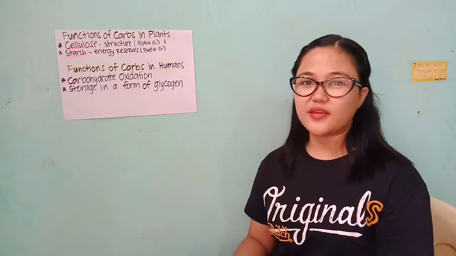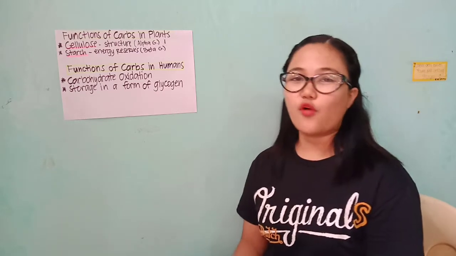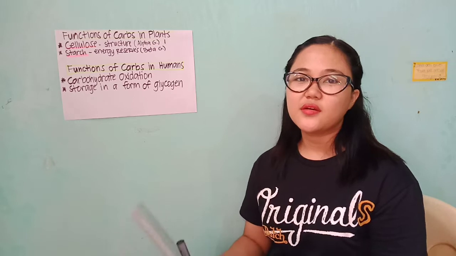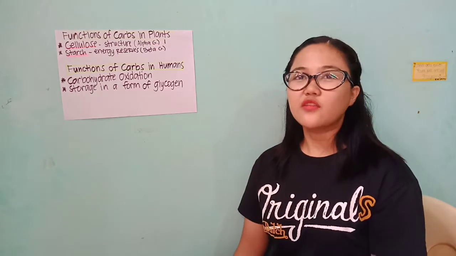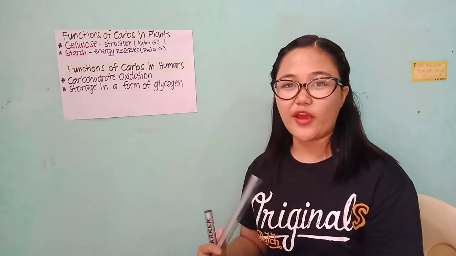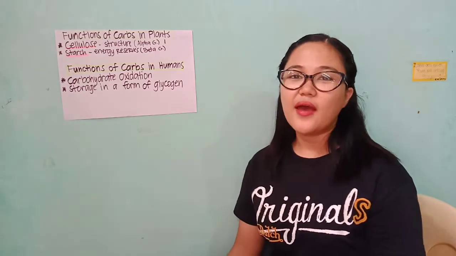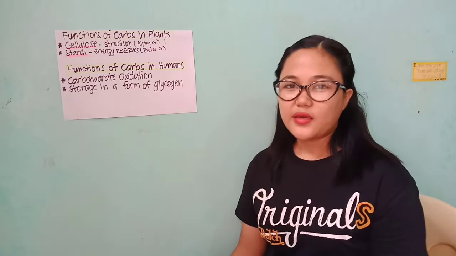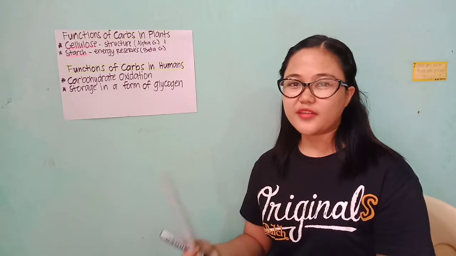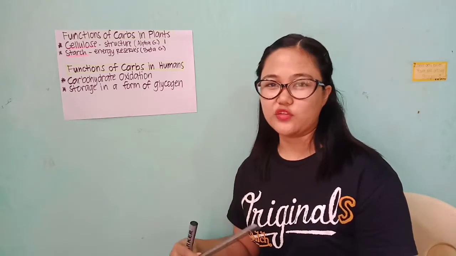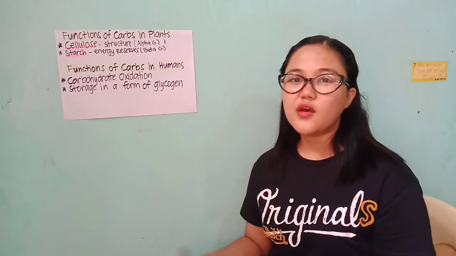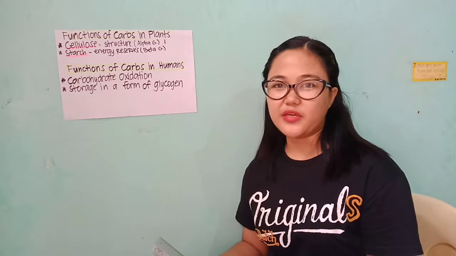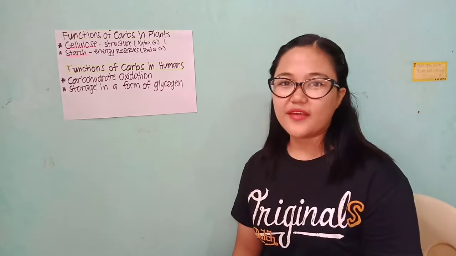Carbohydrates serve as a fuel for our cells so that we can have energy. So, if we take in carbohydrates like rice, it is converted into glucose because our body only needs glucose to form ATP, or energy, for us to function.